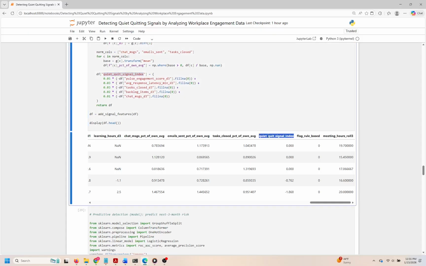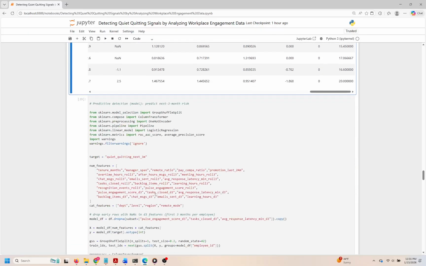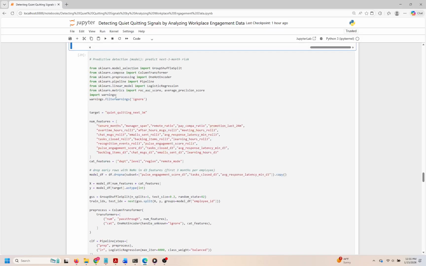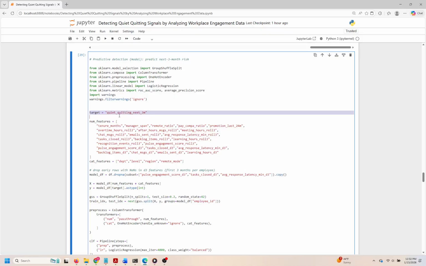This is a crucial task for organizations aiming to understand employee engagement and retention better. The code begins by identifying the target variable, which represents whether an employee is likely to continue or reduce their effort at work, and it sets the scene for a more nuanced analysis.